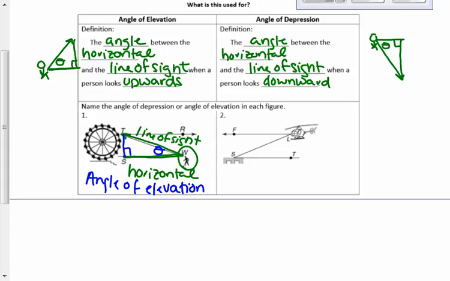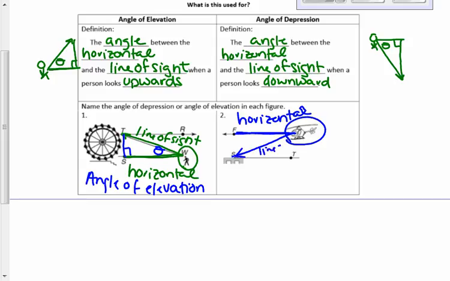Number 2, we're in that helicopter at point L. We're flying the helicopter. From F to the helicopter is a flat line. That's your horizontal. You're in that helicopter looking to land at point S, so you're looking downwards.